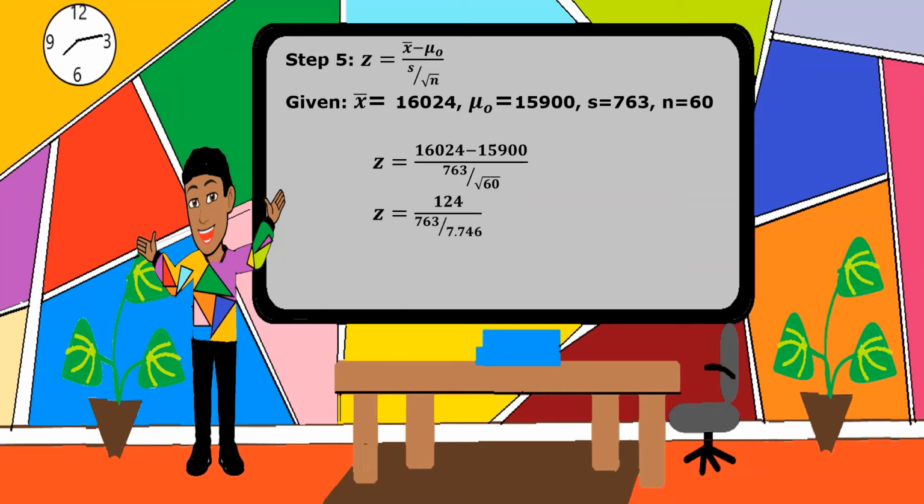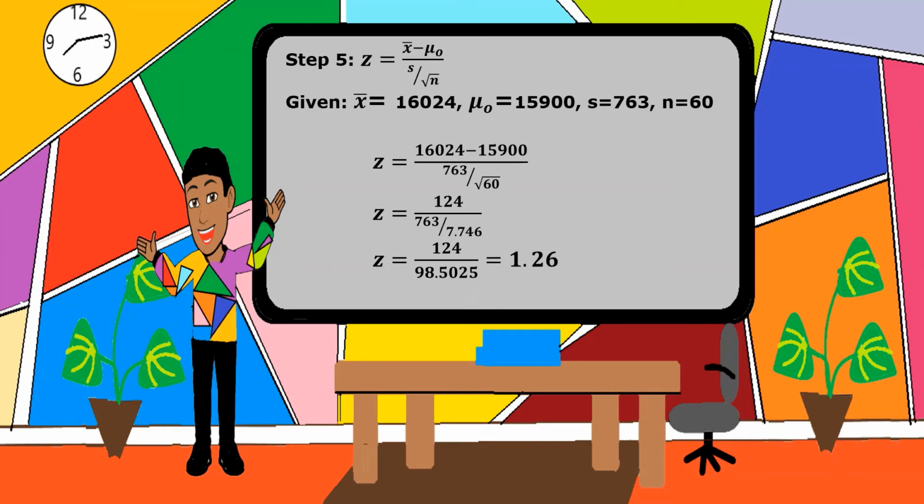So our z here equals 124 in our numerator because 16,024 minus 15,900 is 124. And for our denominator, 763 divided by 7.746. The 7.746 comes from the square root of 60 because the square root of 60 is 7.746.